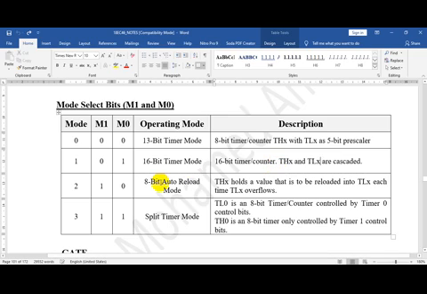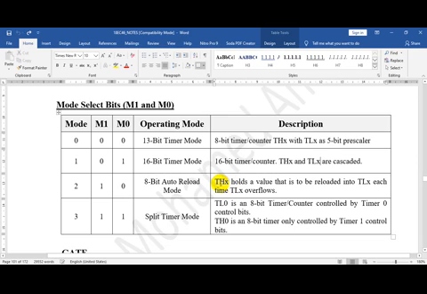The next mode is the 8-bit auto reload mode. For this you write 1, 0 in M1 and M0. This mode is an 8-bit mode.